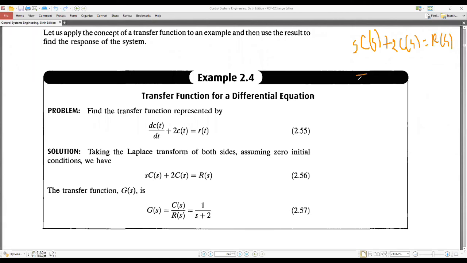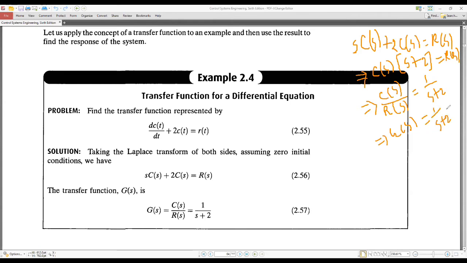Now take C(s) common, then what you'll see is (s plus 2) C(s) is equal to R(s). Now if you write C(s) by R(s), C(s) by R(s) is equal to G(s) is equal to 1 by s plus 2.